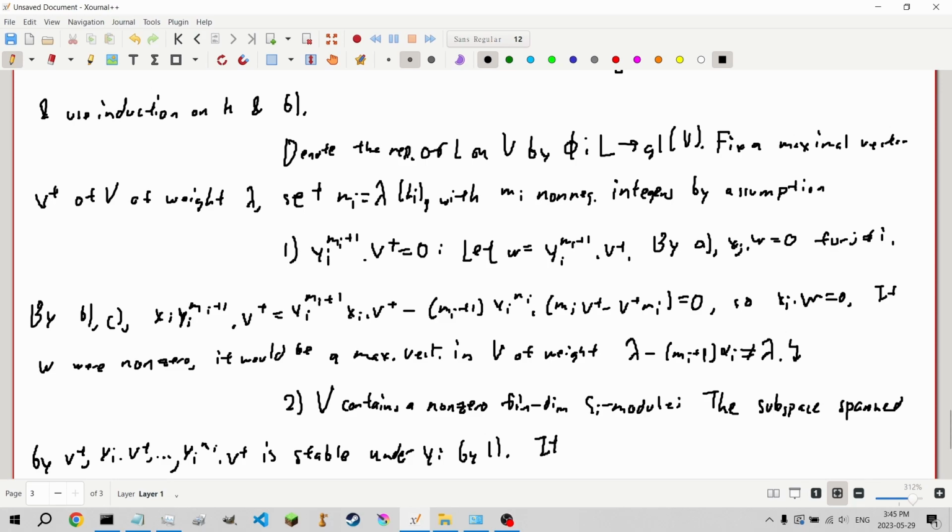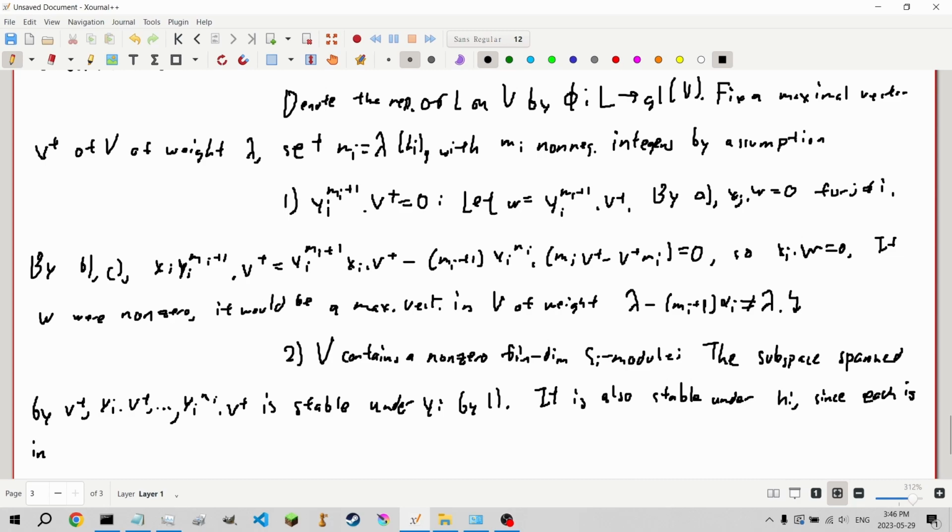It is also stable under hi since each belongs to a weight space of V. So it is stable under the xi.